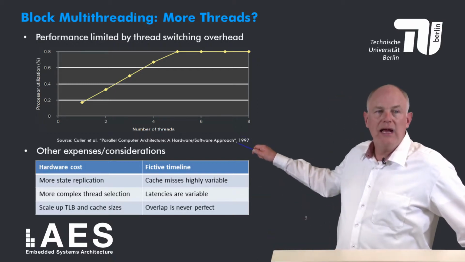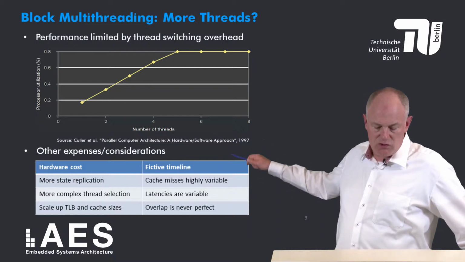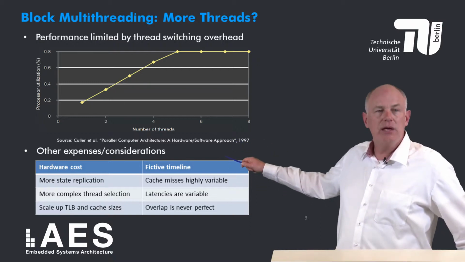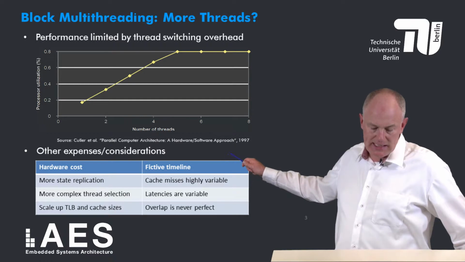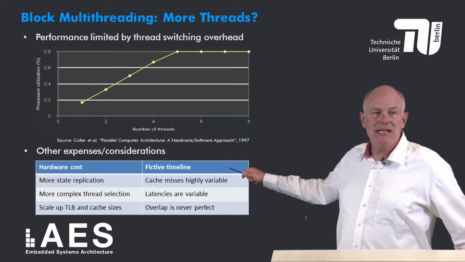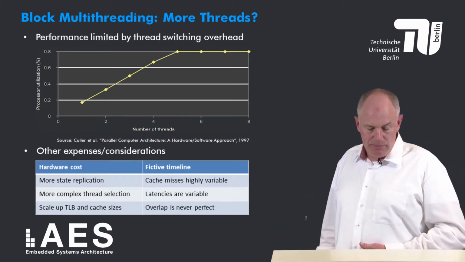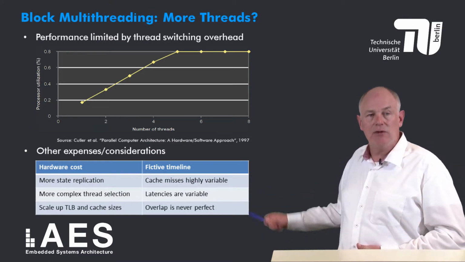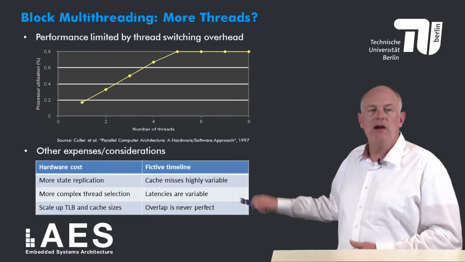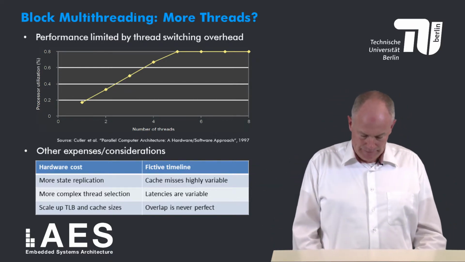And furthermore, this example was very contrived, very fictive, because in reality the cache miss latencies are highly variable and not predictable, depending on whether the next cache level will hit or not, and the overlap is never perfect.